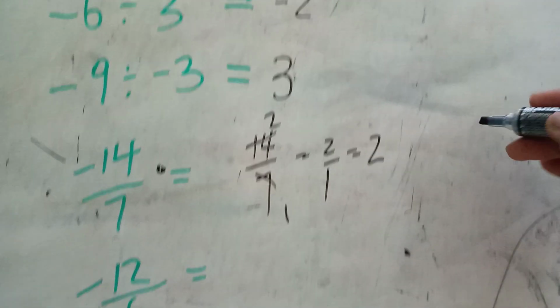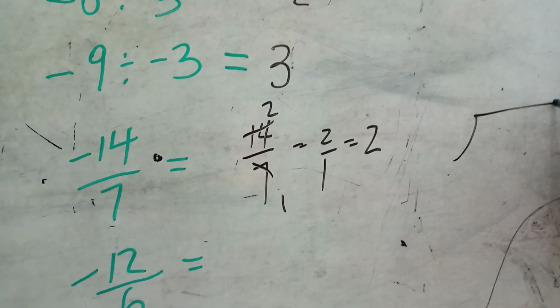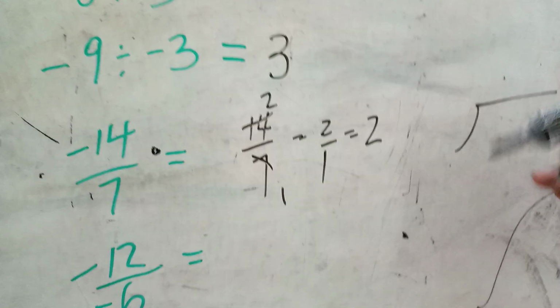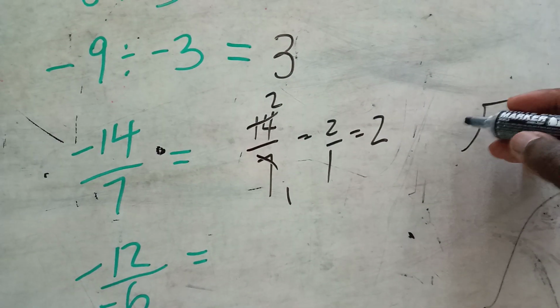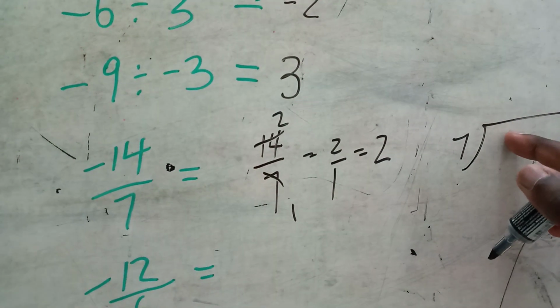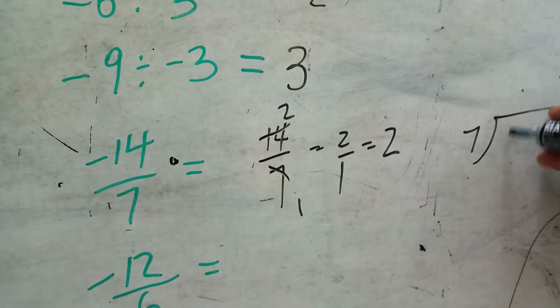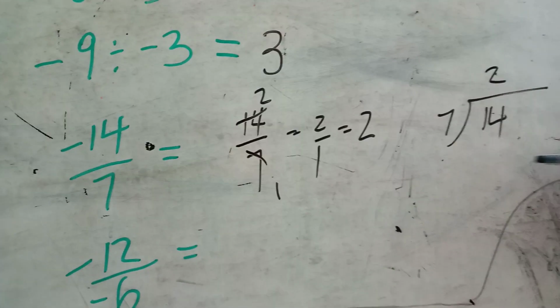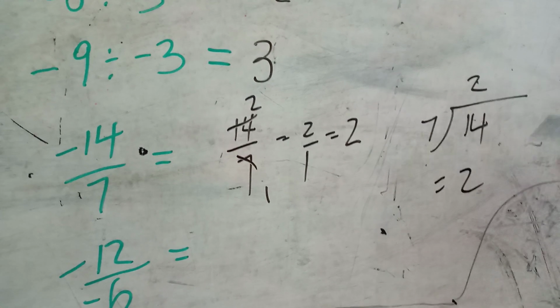Or we could just do it this way, where the denominator is always going to be the divisor and the numerator is going to be the dividend. 7 into 14, 2. And your answer is going to be 2.